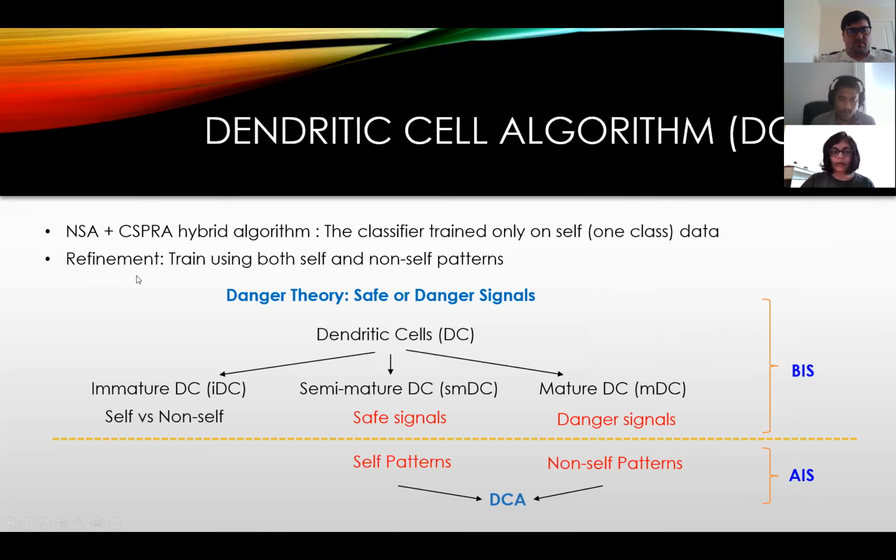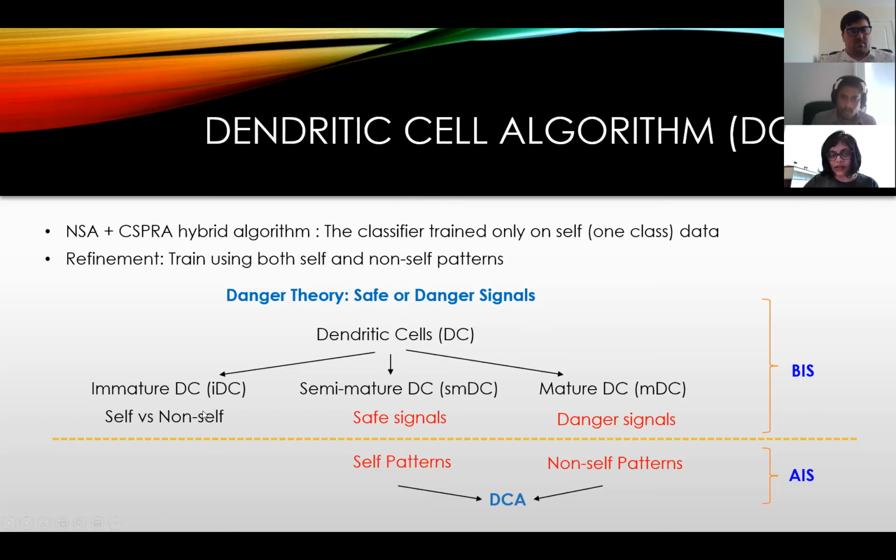So we can employ a refinement where we use both self and non-self patterns to train the algorithm. This is inspired by the danger theory of self and non-self, of safe or danger signals, which are carried out by dendritic cells, and hence this algorithm is called the dendritic cell algorithm.